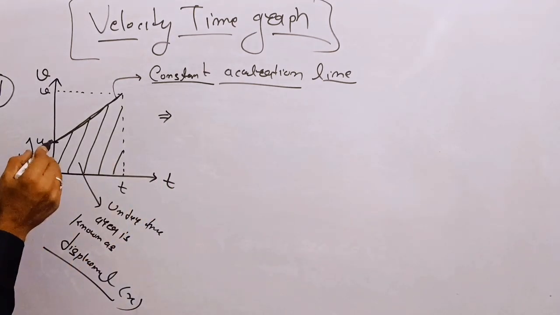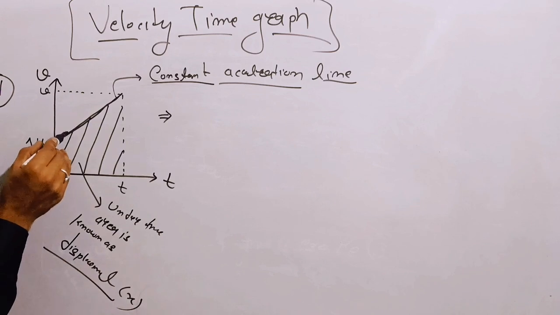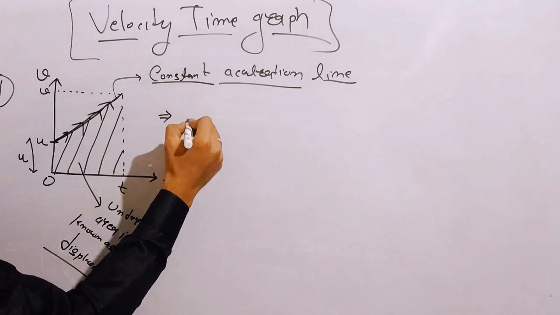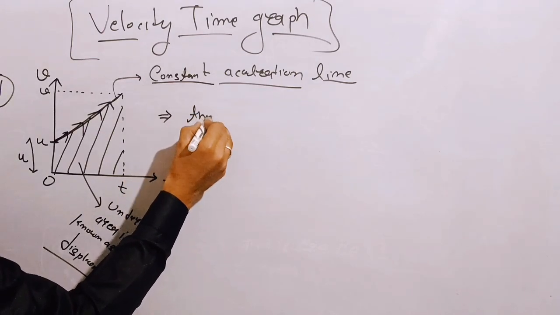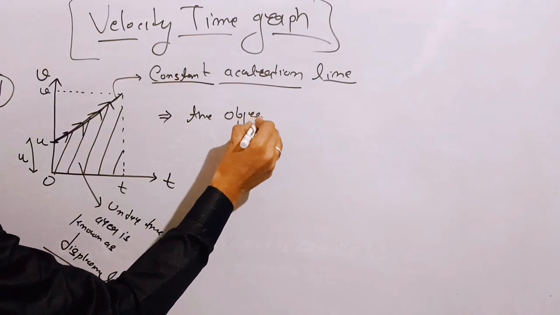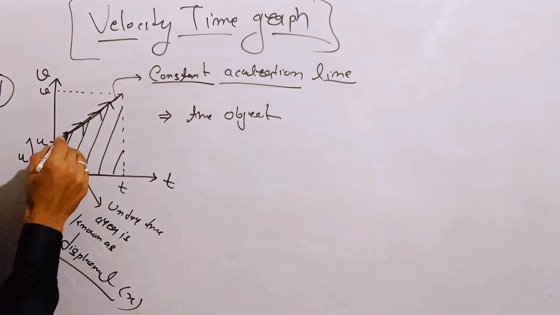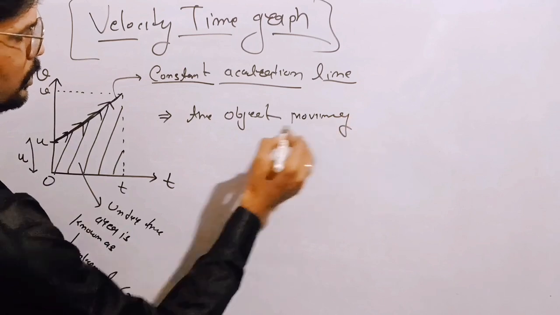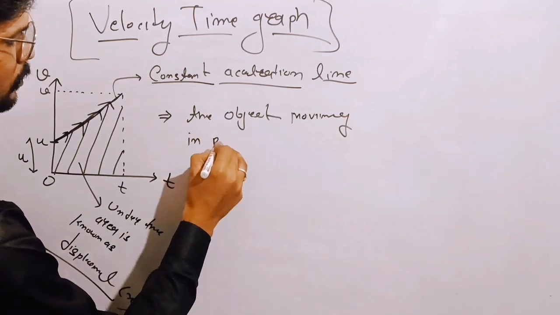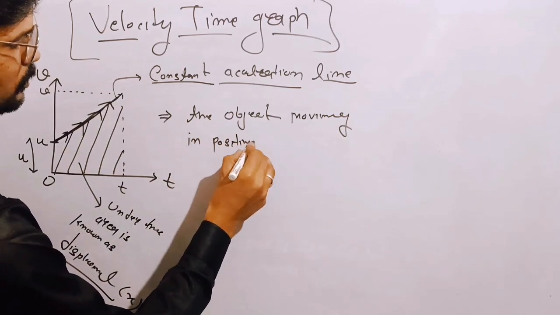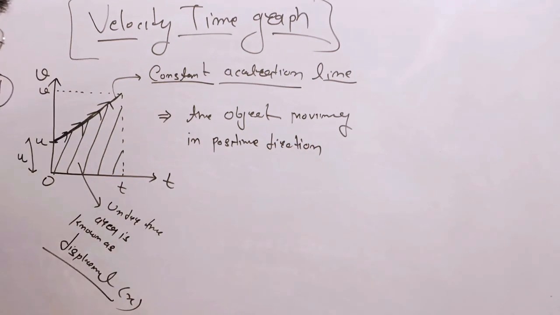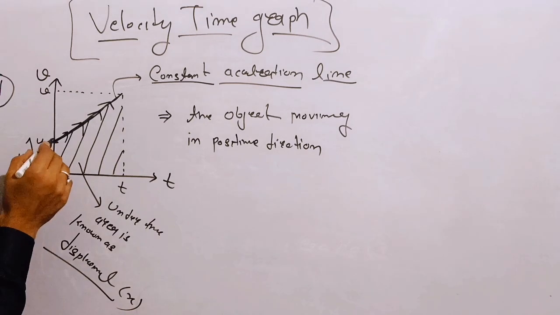The object is moving in the positive direction with the constant acceleration, because the initial velocity is less than the final velocity. So the object is moving in positive direction with respect to the time.